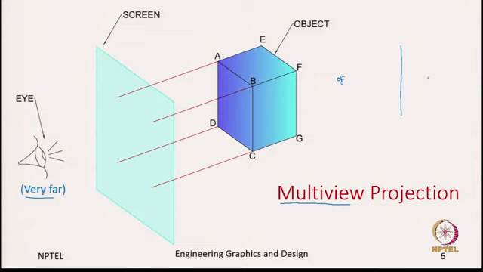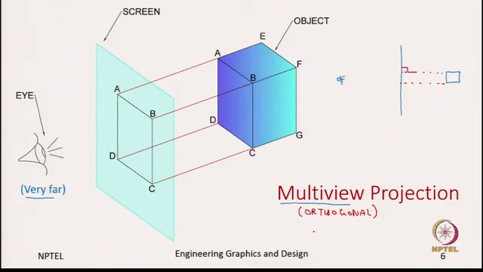This is the projection plane, and let us say this is the object. Now, if I am discussing the projectors, these are the projectors, and we see that these projectors intersect the projection plane at an angle of 90 degrees, perpendicular. That is why we also call these orthogonal projections sometimes.